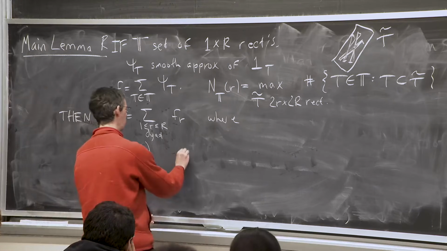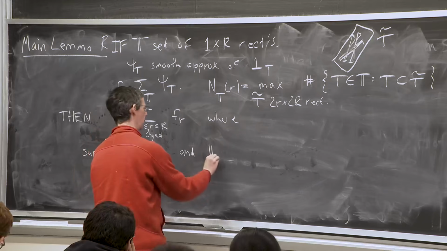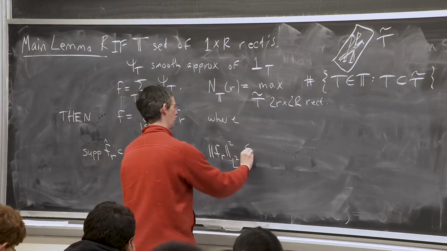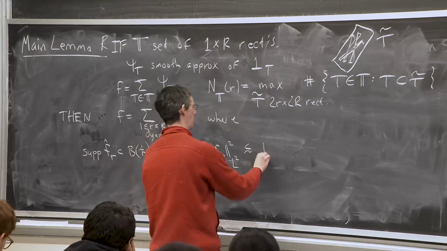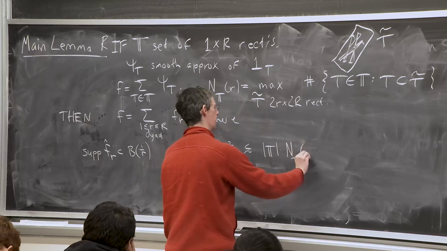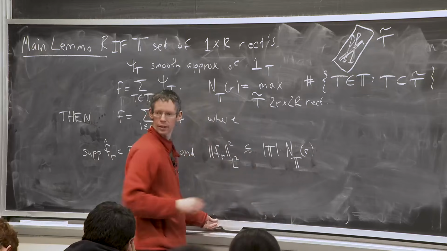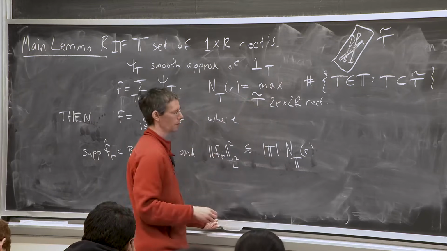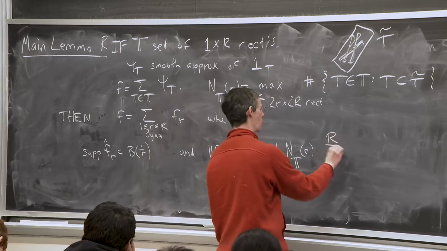And it has an L2 norm bound. The L2 norm squared of f_r is bounded by the number of tubes times this packing, clustering parameter at the scale little r, times big R over little r.